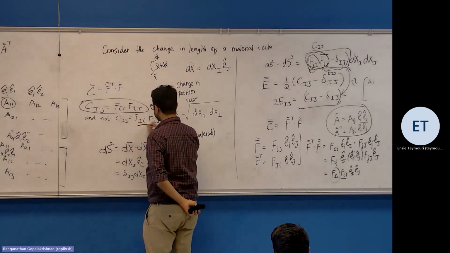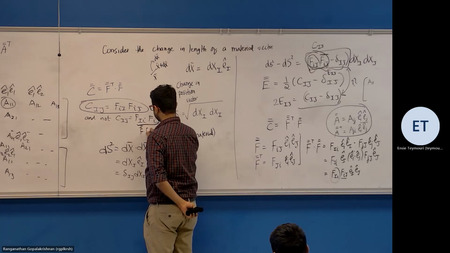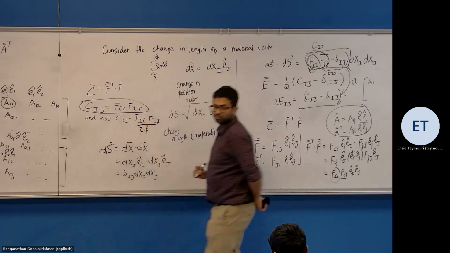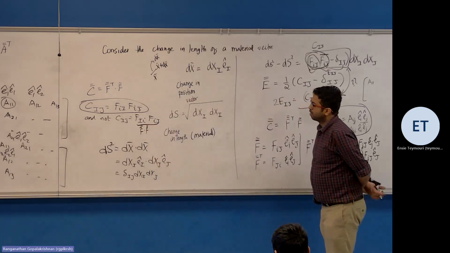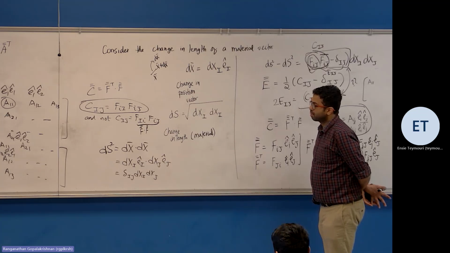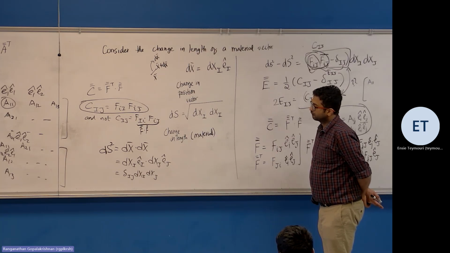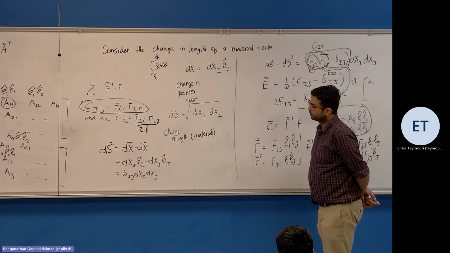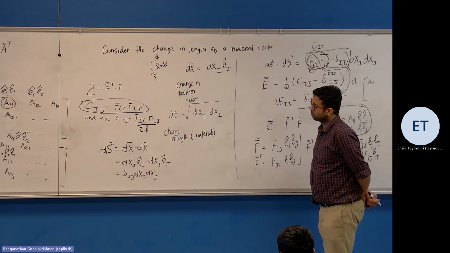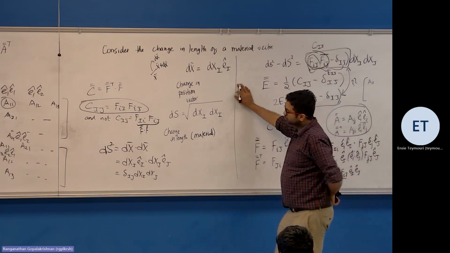So you're saying this is F and F. Yes. If it is the same matrix, we take a different index for a row for the first matrix and column for the second matrix.